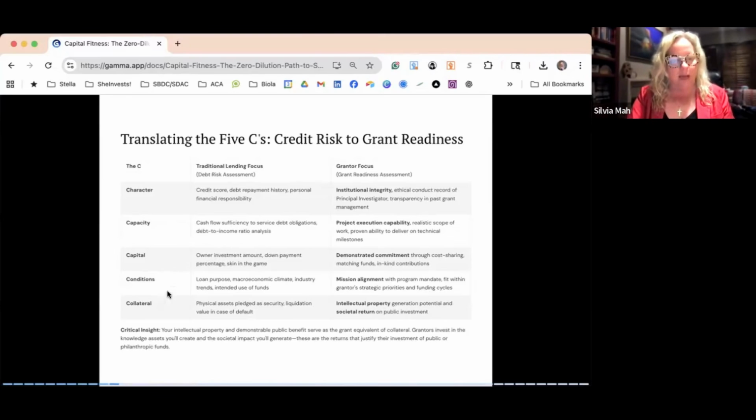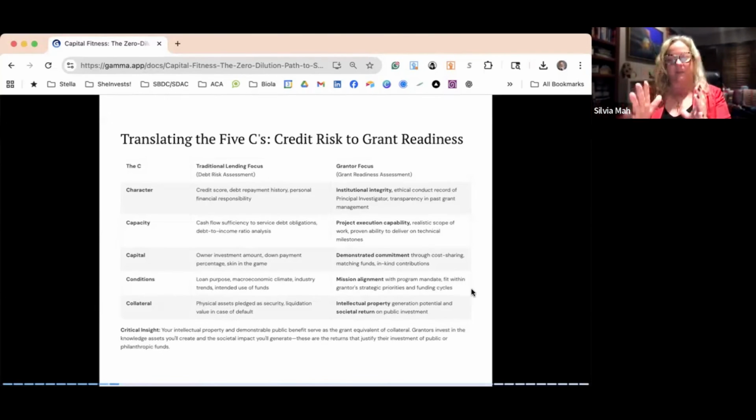So fourth is conditions. For the loan, it's loan purpose, macroeconomic climate, industry trends, all of that. On the grantor side, the focus and the readiness for that grant is mission alignment with program mandates, fit within the grantor's strategic priorities and funding cycles. How do you get that information, right?